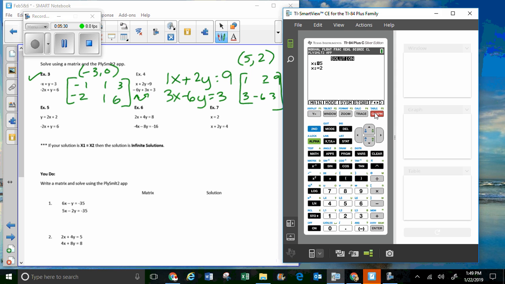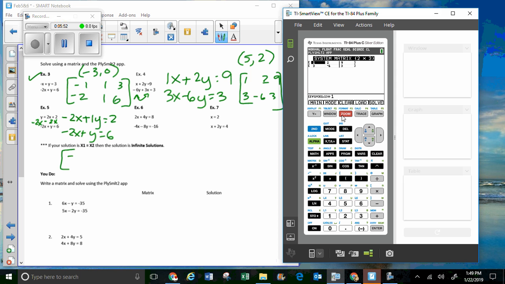This next one, again, we're going to have to do a little bit of work to get the first equation in standard form. So we're going to subtract 2x on both sides, which makes it negative 2x plus 1y equals 2. And the bottom, negative 2x plus y equals 6. Go ahead and plug that in your calculator. Hit zoom. And I do want you to write your matrix first.